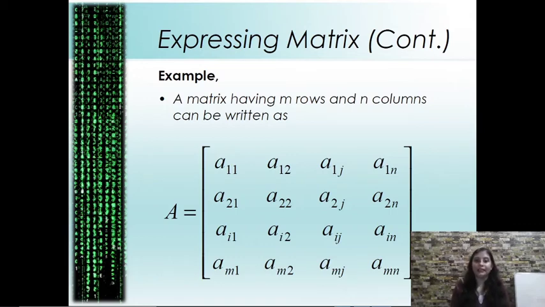If I had 6 such rows, then how would I have explained it? Please look at the first column. What would have been there? a11, a21, a31, a41, a51 and a61. That would have been the first column. Since 6 such rows are there, a61 will be the last element present in the column.